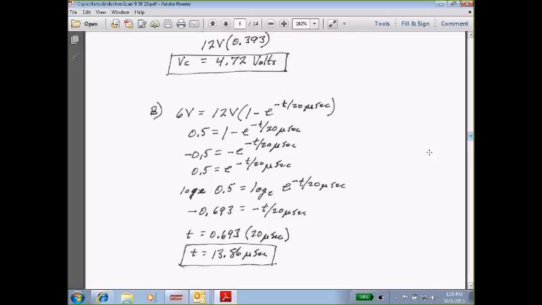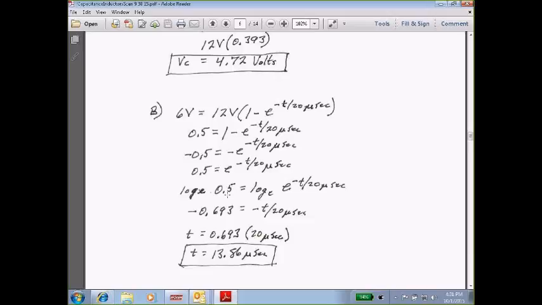Now for part B, we know that our voltage is 6 volts. That's VC is equal to the 12 volts, which is your supply, times 1 minus e to the minus t over tau, tau being the 20 microseconds. So we just keep cranking through the algebra here. At this point, we've got 0.5 is equal to e to the minus t over 20 microseconds.